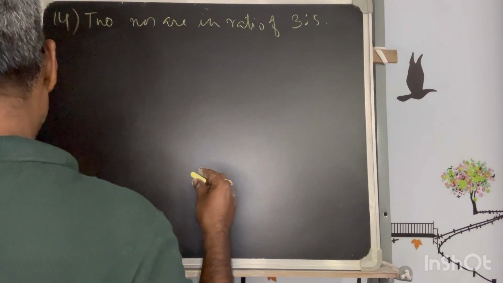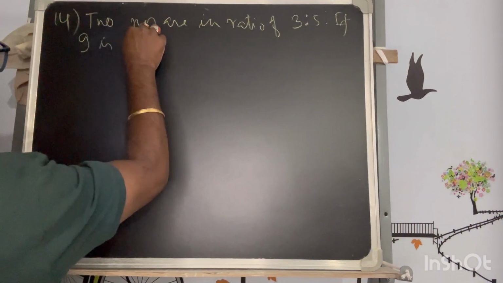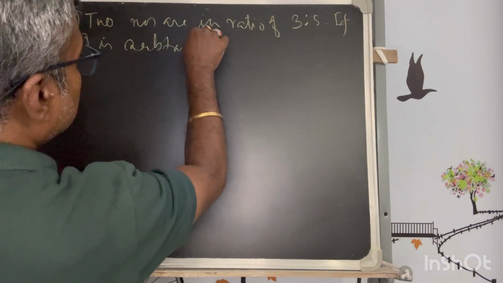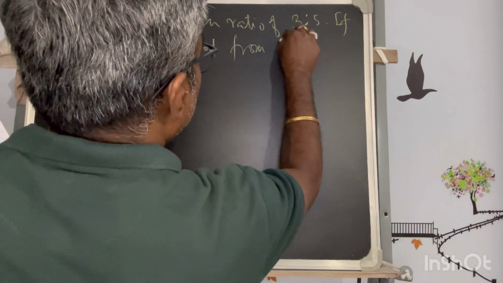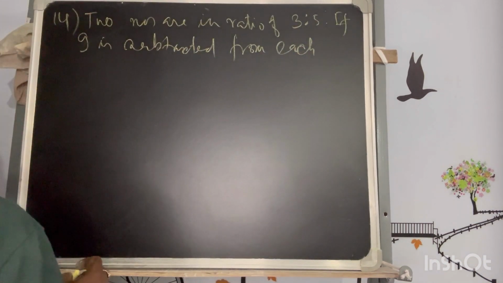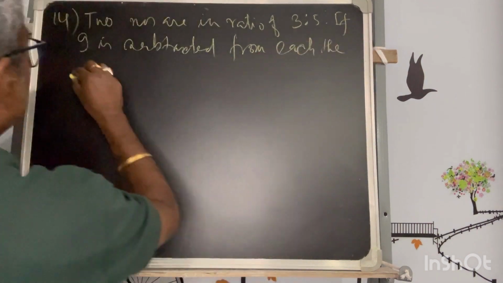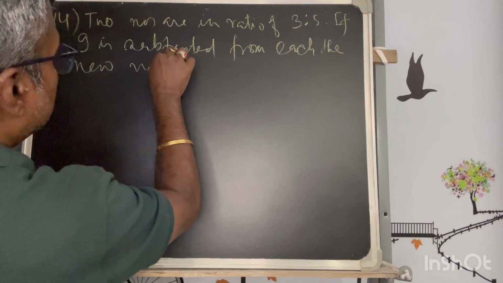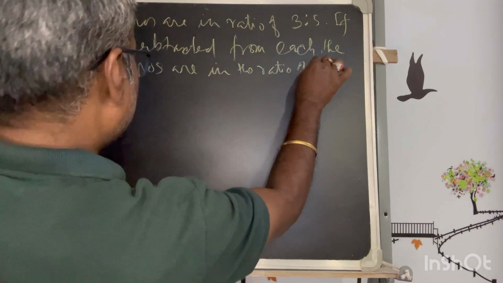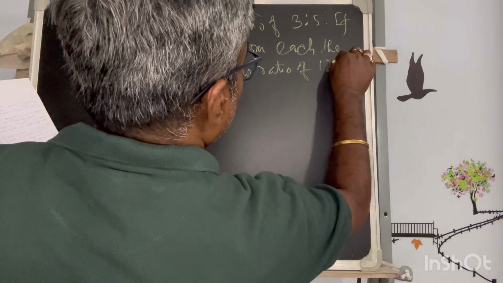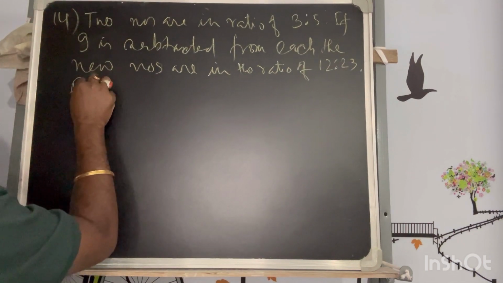If 9 is subtracted from each, the new numbers are in the ratio of 12:23. Find the smaller one.